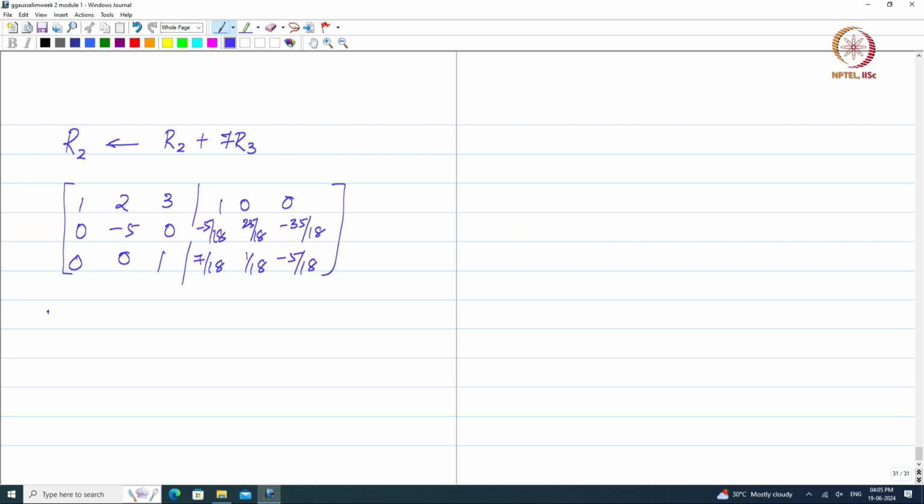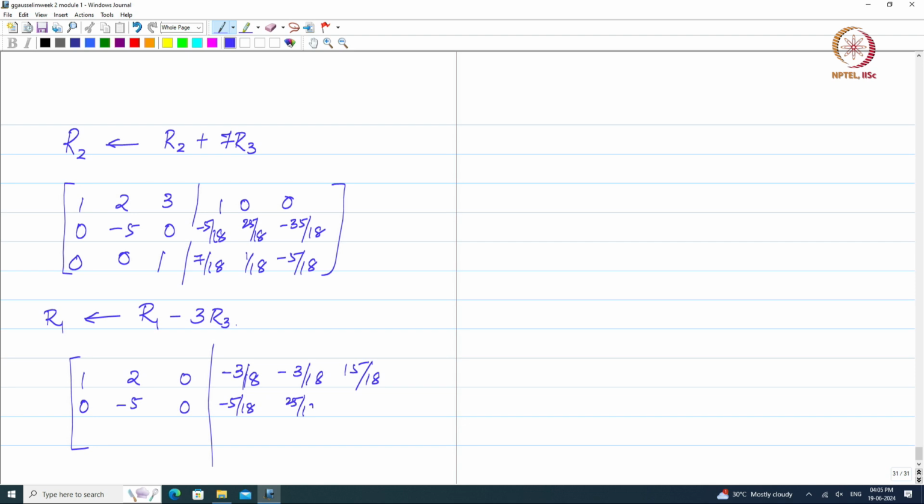R1 tends to R1 minus 3 R3, then 1 2 0, minus 3 by 18, minus 3 by 18, 15 by 18. Second row 0 minus 5 0, minus 5 by 18, 25 by 18, minus 35 by 18. The last row 0 0 1, 7 by 18, 1 by 18, minus 5 by 18.